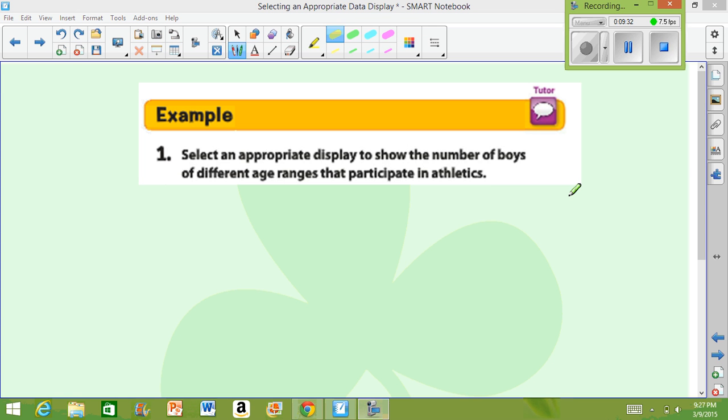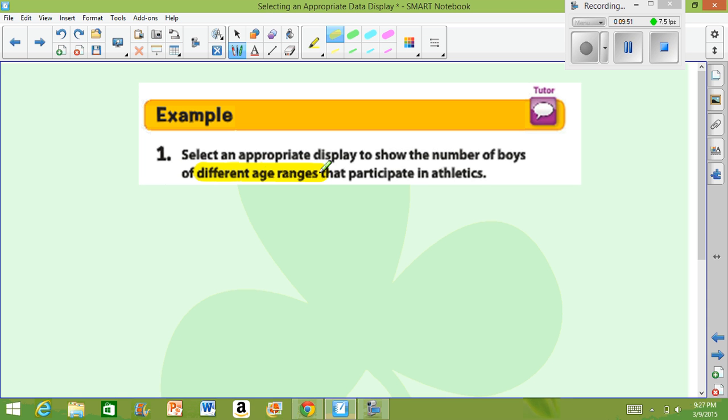So it says, select an appropriate display to show the number of boys of different age ranges that participate in athletics. We're displaying different age ranges. So that gives us a little bit of a clue.